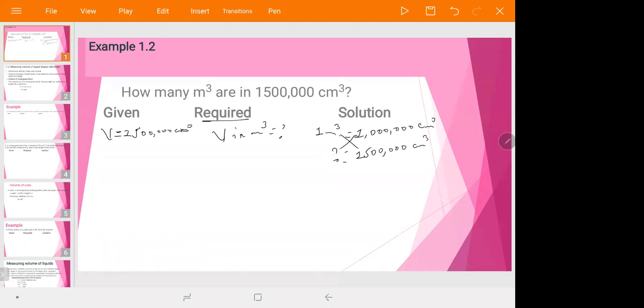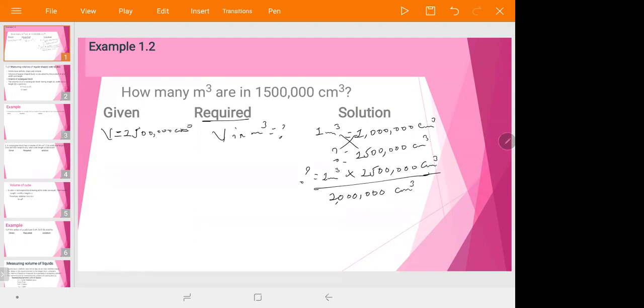I think it is clear for you. So your question mark is equal to 1 meter cube times 1,500,000 centimeter cube over how many centimeter cube? 1 million centimeter cube.